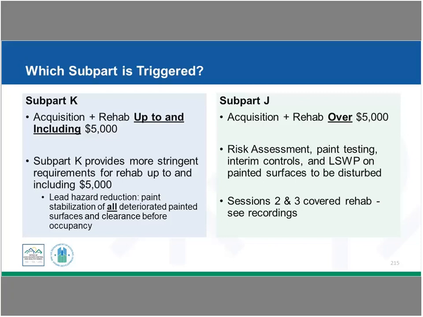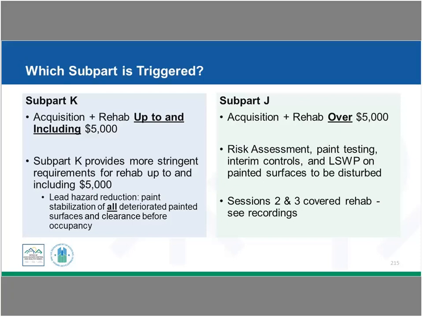And so we're not really talking about our traditional rehabilitation programs. These are really acquisition that might have a very minimal amount of rehabilitation involved. One of the differences that it's important to understand is that Subpart K has a little bit more stringent requirement.